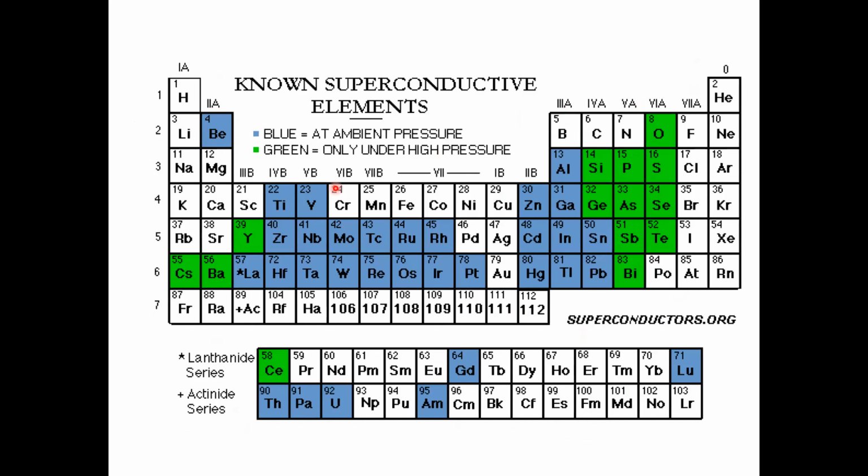Here is another periodic table, but they color it with different codes, blue and green. Blue, all these elements can act like superconductors at ambient pressure, but the green elements will do it only under high pressure.